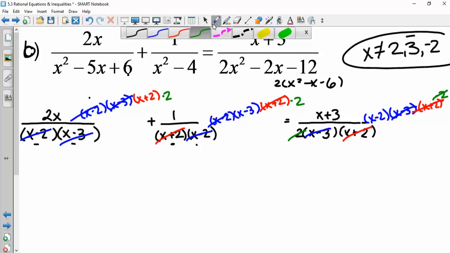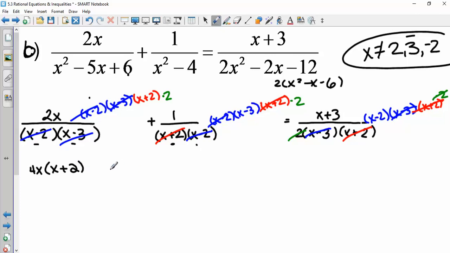Okay. So in the first one, 2x times 2 would be a 4x, and we still have to multiply that with an x plus 2. Second fraction, 1 times 2 is a 2, and we have to take that times the x minus 3. And the last, we're left with x plus 3 times an x minus 2.